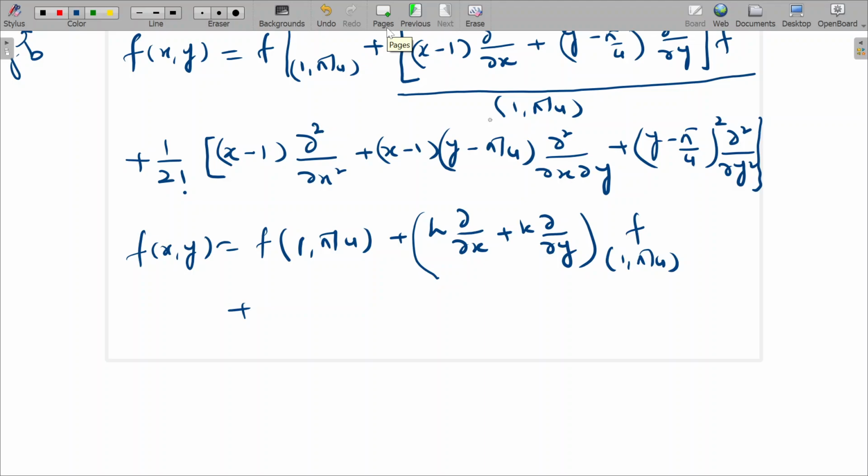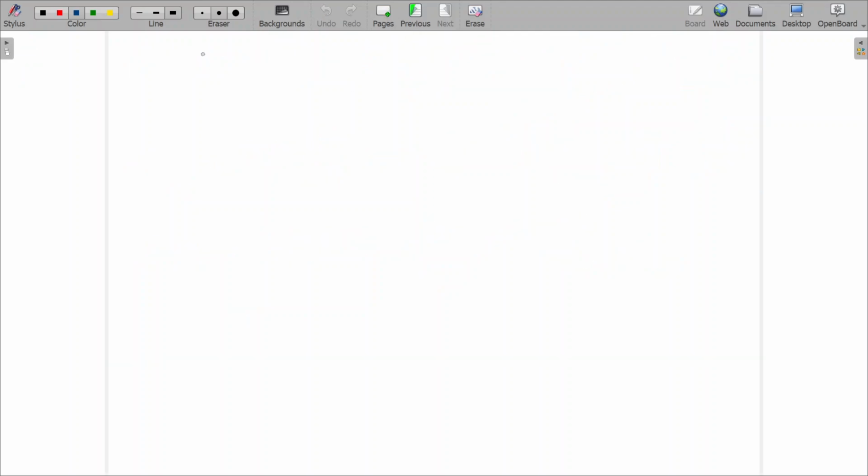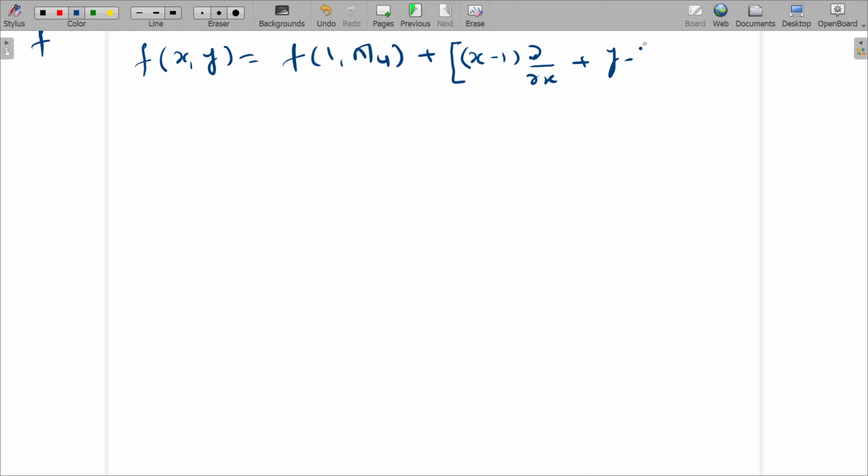So from here we will obtain this expansion as f(x, y) will be f at (1, π/4) plus (x minus 1) ∂/∂x plus (y minus π/4) ∂/∂y, and of course we have to find the values, and the same we have to do with the second order derivative.